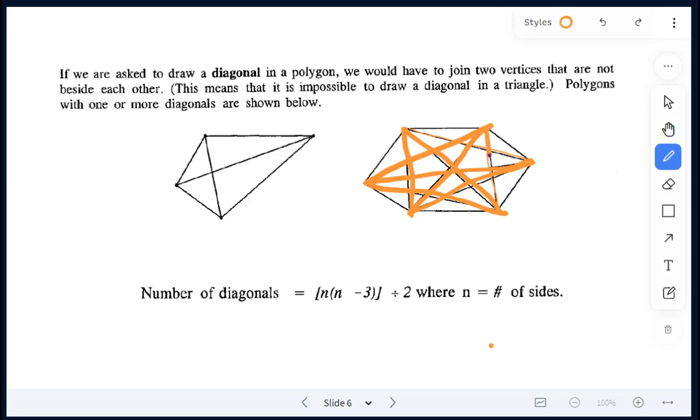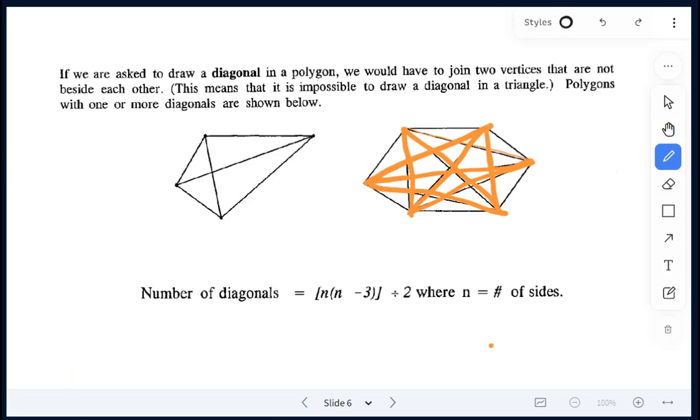So there's 9. If we draw them, we can see that this figure has 9 diagonals that we can draw. But we can also do this using this equation. Number of diagonals is equal to n times, in brackets, n minus 3, and then divided by 2.